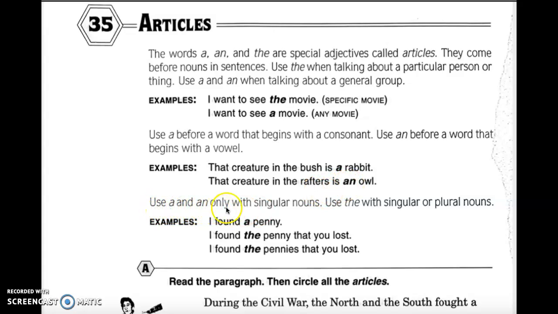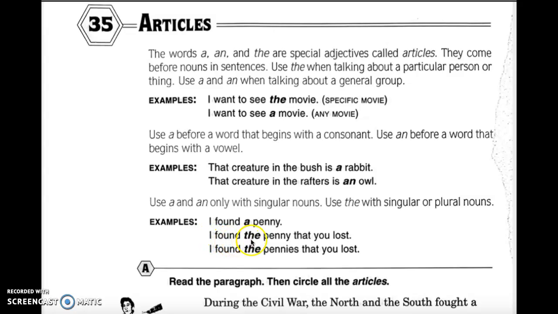Use a and an only with singular nouns. Use the with singular or plural nouns. Look, I found a penny. Notice that penny is just one thing. You wouldn't say I found a pennies. That wouldn't work. You would just say in that case, I found pennies.